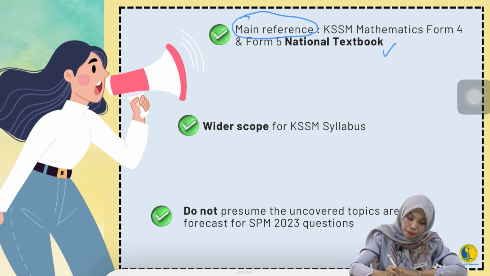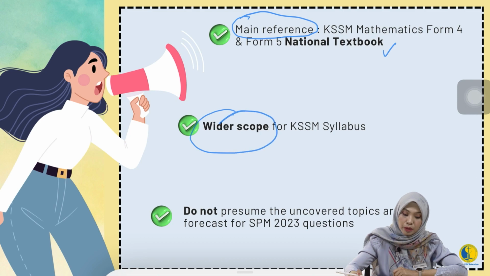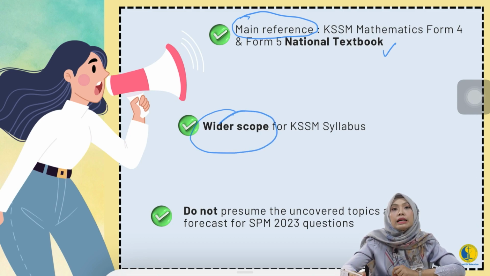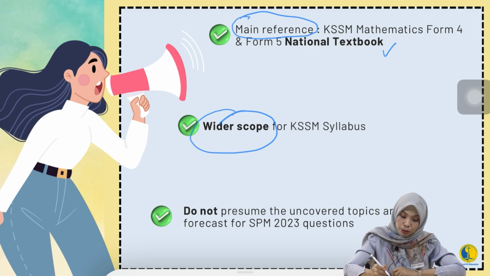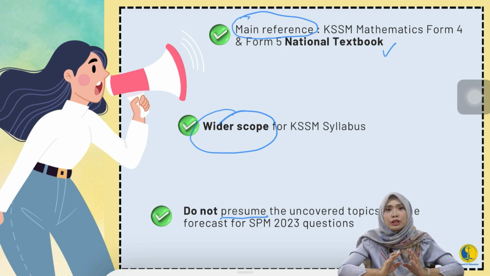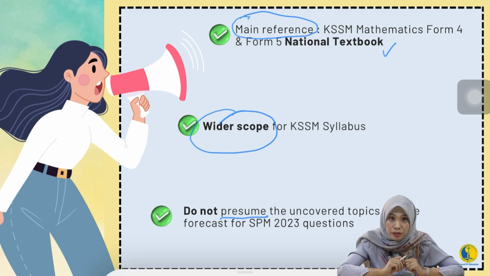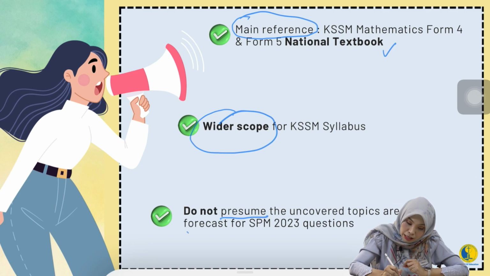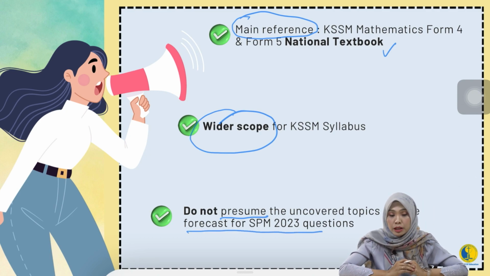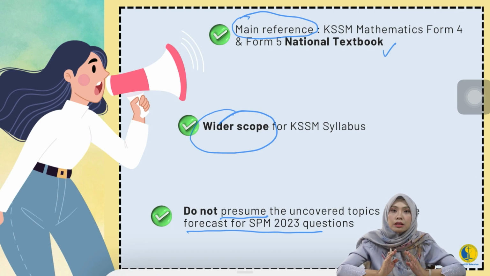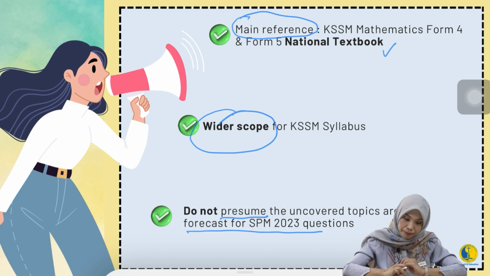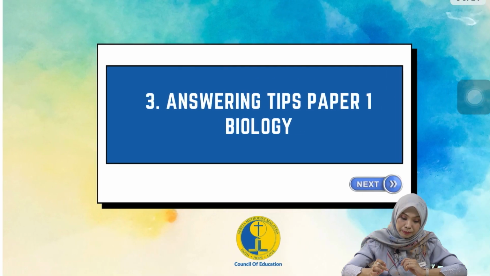And please do remember we have a wider scope for the KSSM syllabus, and please do not presume that uncovered topics, especially the topics that I have highlighted in pink just now, will be coming out for SPM 2023 questions. So these three are considered my disclaimer. I want you to really pay attention, okay? All right, go to the next one.